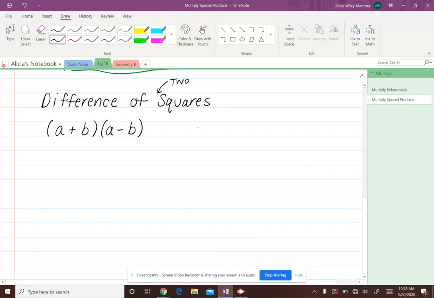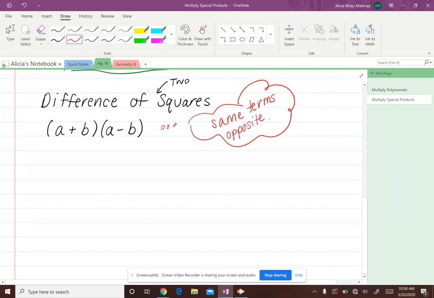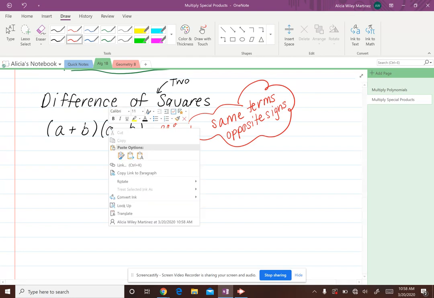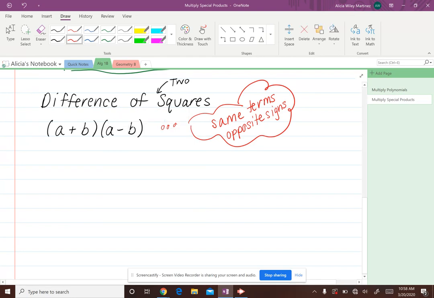I like to say, and I don't know if this is a technical term, that it is the same terms with opposite signs. I have an A here, an A here, a B here, and a B here, with different signs in the binomials. So opposite signs in the middle.